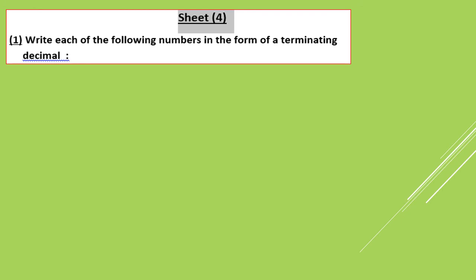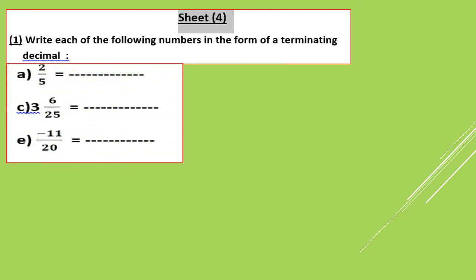From our booklet, write each of the following numbers in the form of terminating decimals using best friends. 5 is the best friend of 2. Up and down, it will be 4 over 10. As a decimal, 0.4. If the denominator equals 25, the best friend of 25 equals 4.